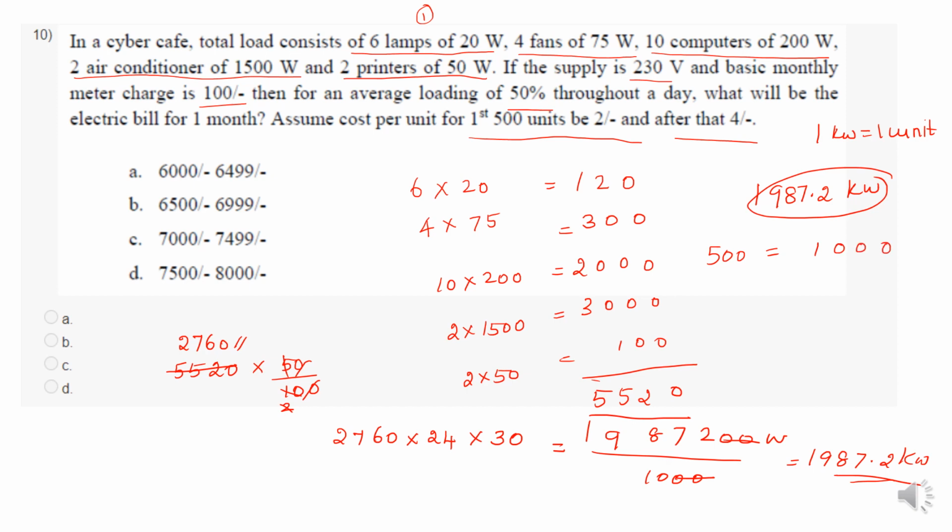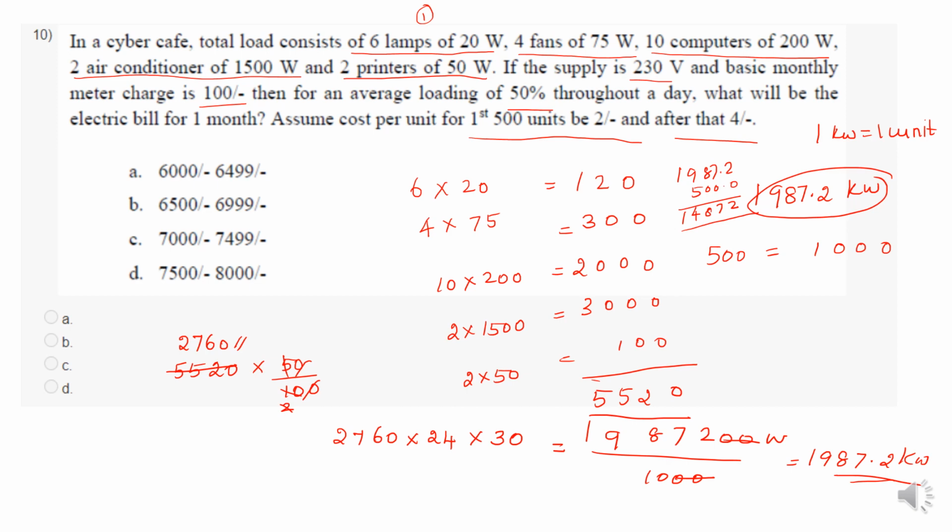And for the remaining, 1987.2 minus 500, that is equal to 1487.2.